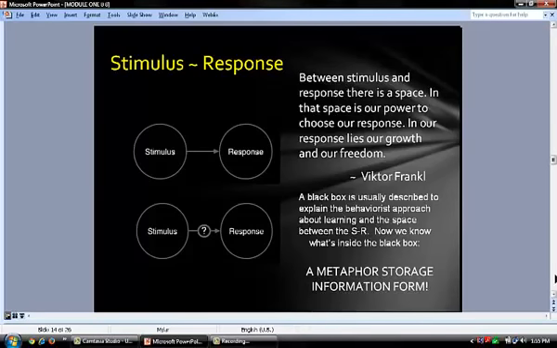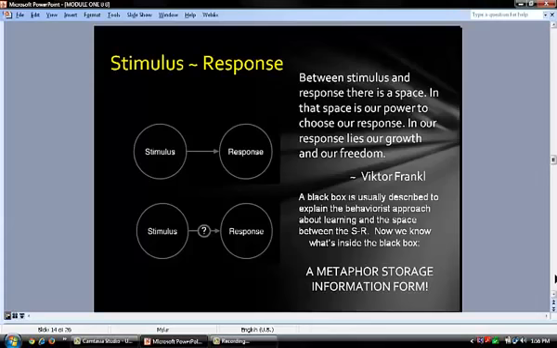And that image is a storage information form, or metaphor for short. And when we capture the image of a metaphor, when we come to know its name, we then begin to understand what's going on inside our internal machinery and begin to have power and some control over our responses.